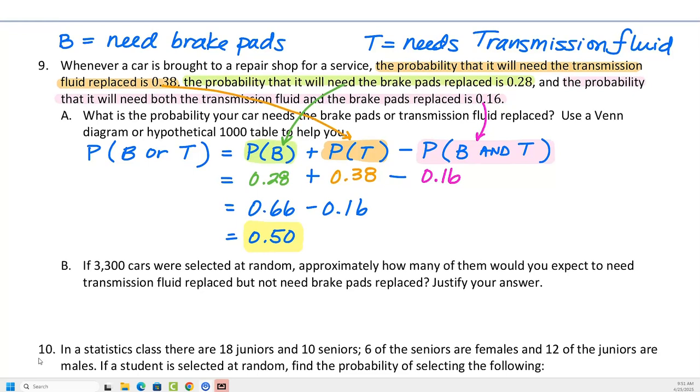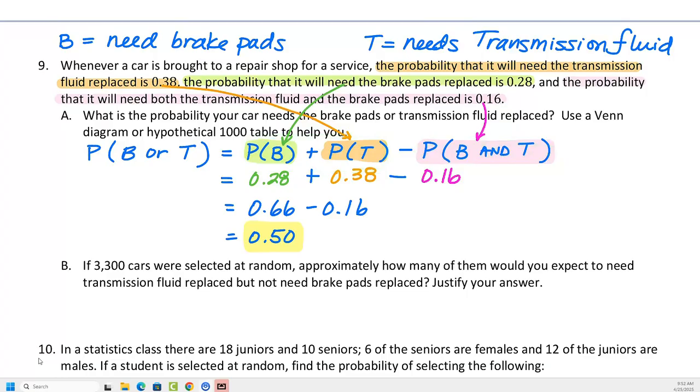Notice at the beginning, do you remember they gave you a separate formula for the addition rule if they were disjoint, meaning they had no overlap, right? It was just adding the probability of A plus the probability of B, right? Or the first one plus the second one, right? But we didn't need this at all, right? Because they were disjoint.